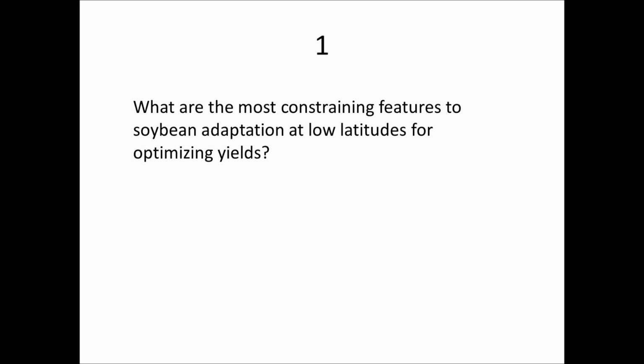But I'd like to hear what the rest of the panelists and any of the participants want to weigh in here. What is most constraining for optimum adaptation in our low latitude target environments?